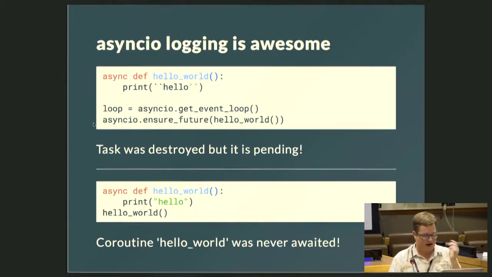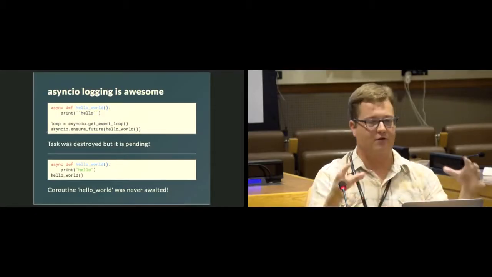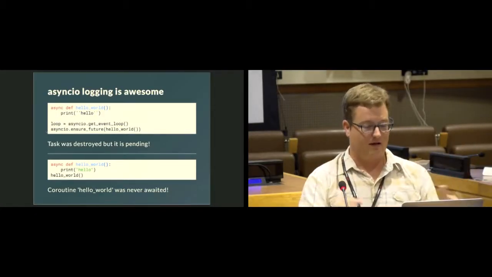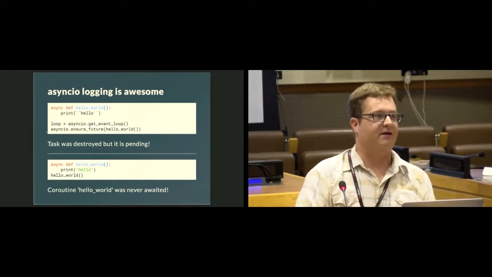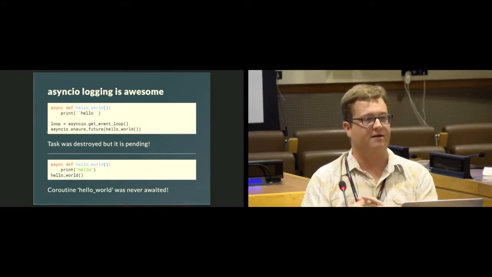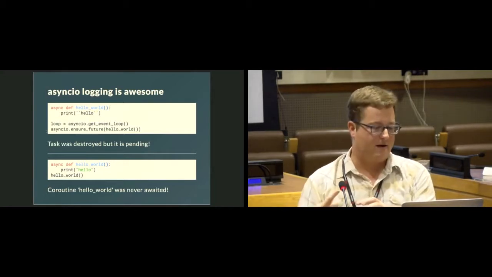And then here's a case where I have hello world. Again, coroutines return immediately. So in this case, I call hello world, it returns immediately, and doesn't actually execute the code that's defined within, because async is like the decorator that makes it a coroutine. It looks like I'm calling it, but what's happening is it's returning immediately, not executing that code, because that's something the scheduler will do.